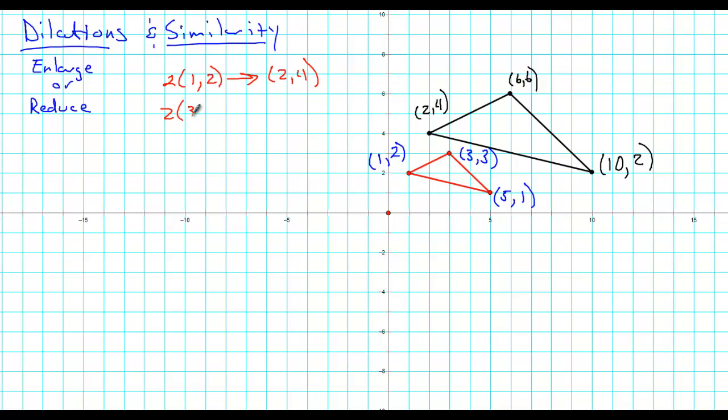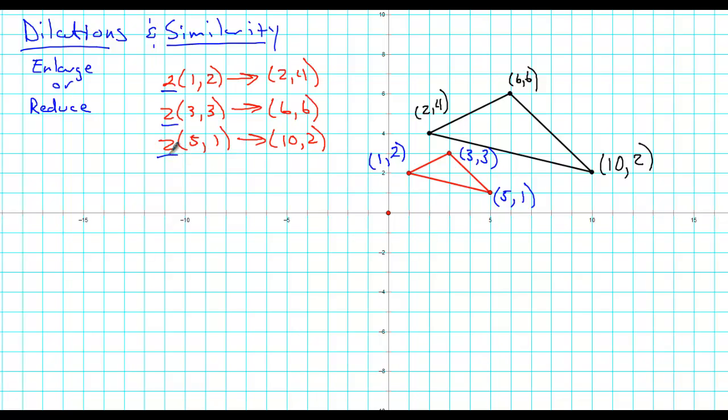So 2 times 3, 3 turned into 6, 6. And 2 times 5, 1 turned into 10, 2. So the point here is this number 2.